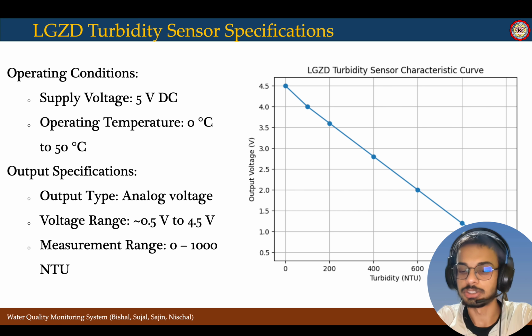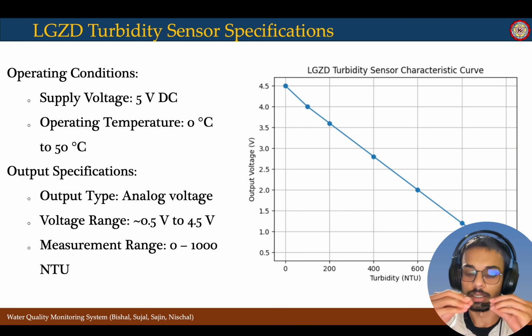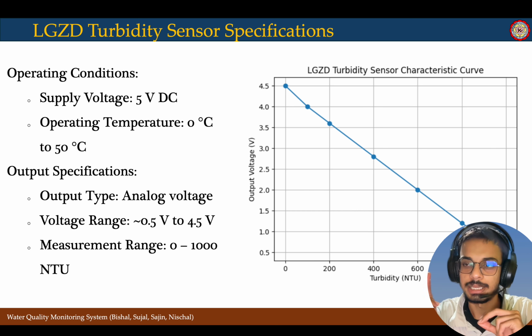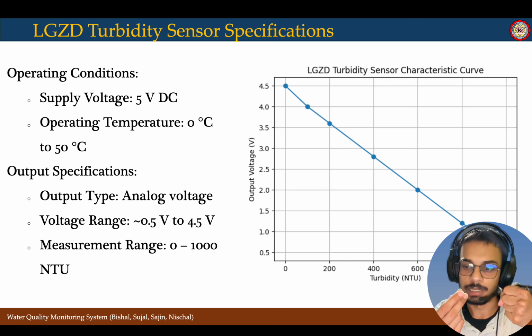The LGD sensor is a turbidity sensor which measures the cloudiness and dirtiness in the water. There are two ends in the sensor. One end has an IR LED, and another end has a photodiode or phototransistor. When the light comes from one end, it is received by the photodiode or transistor.